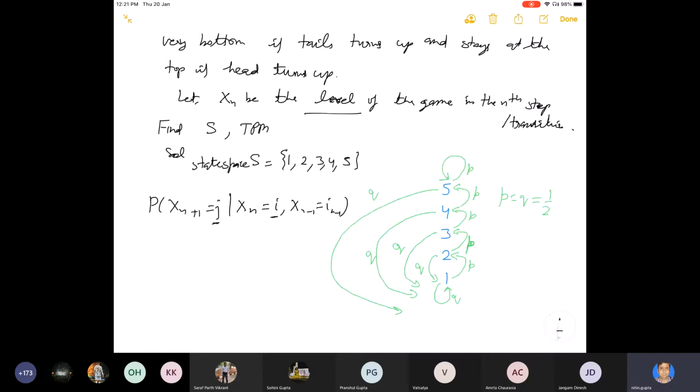That doesn't depend on the previous one here, because if it is at 2, it doesn't matter from where it has come to 2, but only it depends on how it is there. It depends on the next step only, not from where it has reached there. So therefore, Xn is a discrete time Markov chain here.